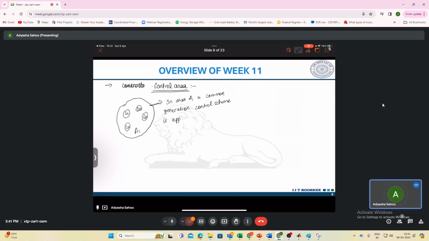So all the generators in this area are swinging, we say, in cohesion or coherently, which means that they have a single frequency.